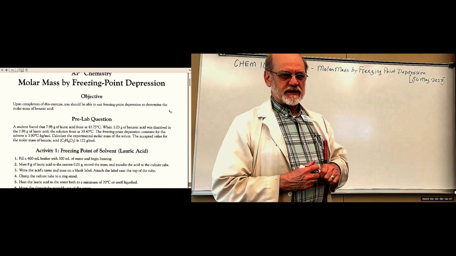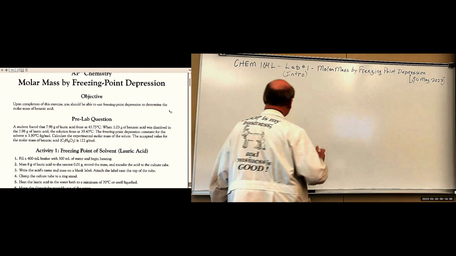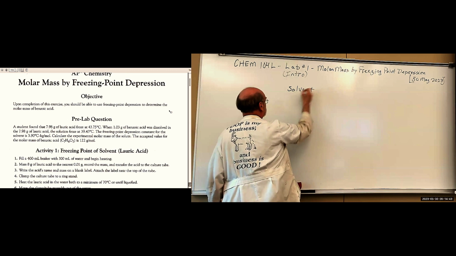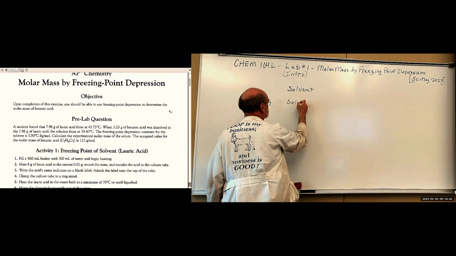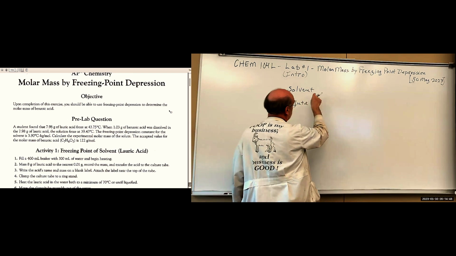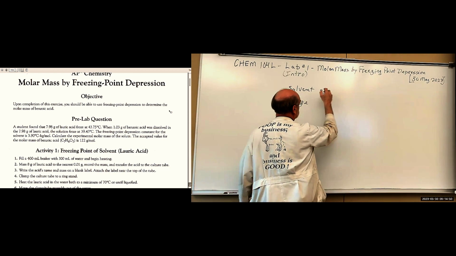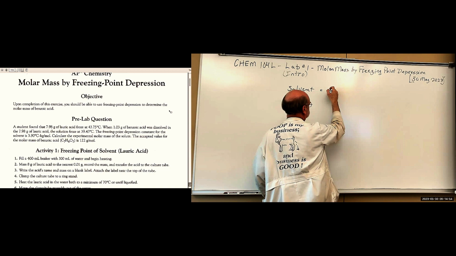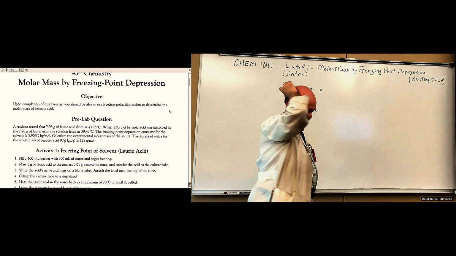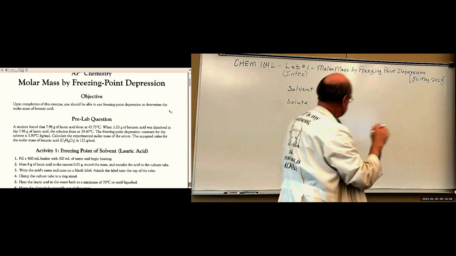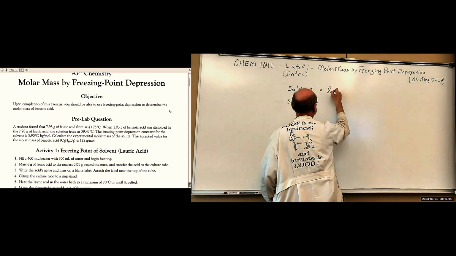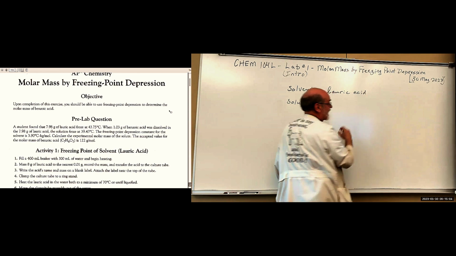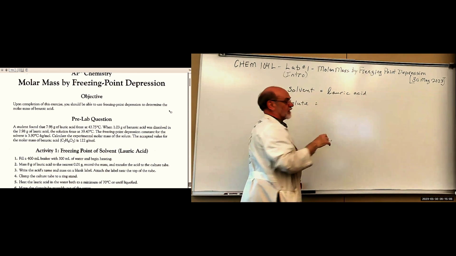So what do we need for this one? Well, we need a solvent, and we need a solute. And the solvent is going to be lauric acid, which is a fatty acid, right?